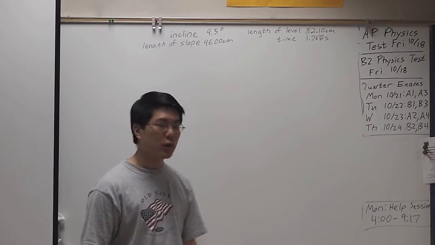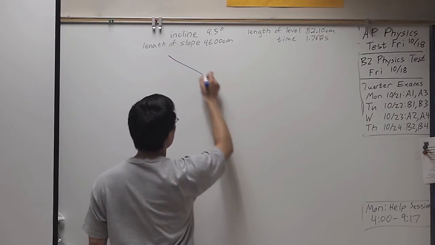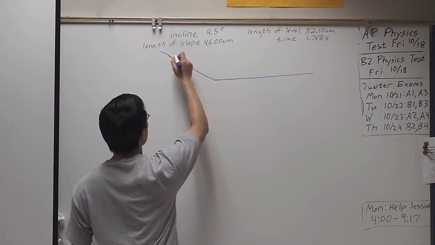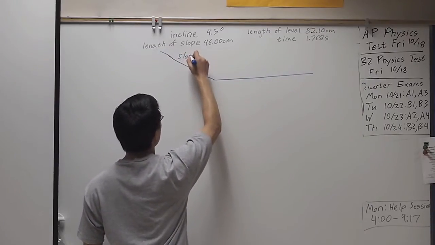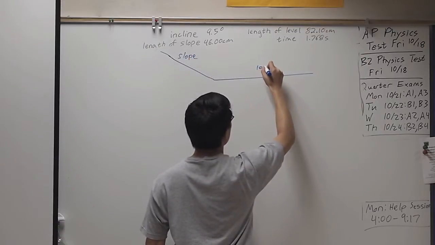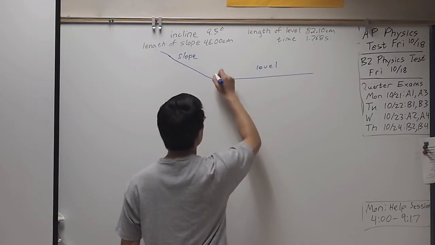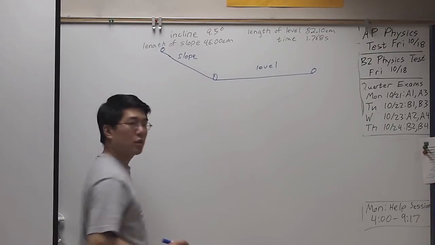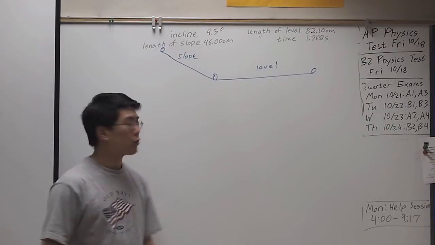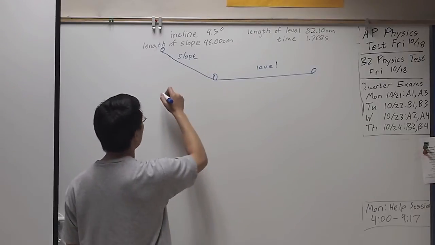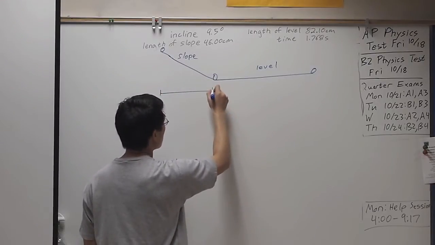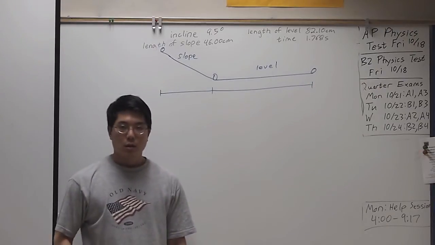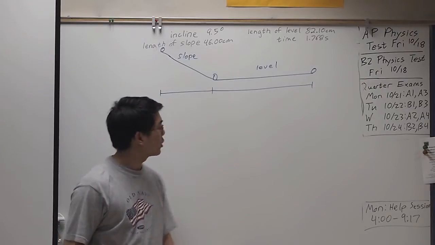I hope by now you realize that you have 2 distinct types of motion. Of course, you have the slope and you have the level. These 2 different phases of motion each have a corresponding kinematic system that it works with.